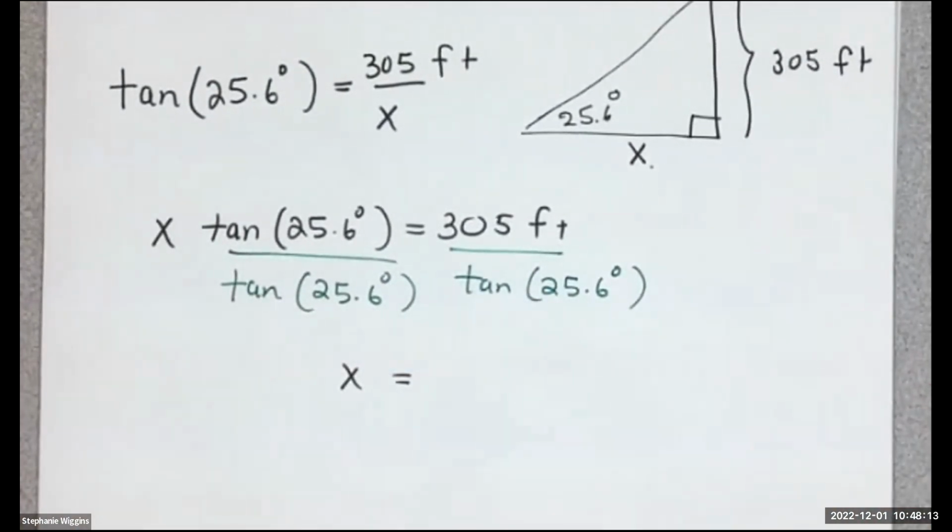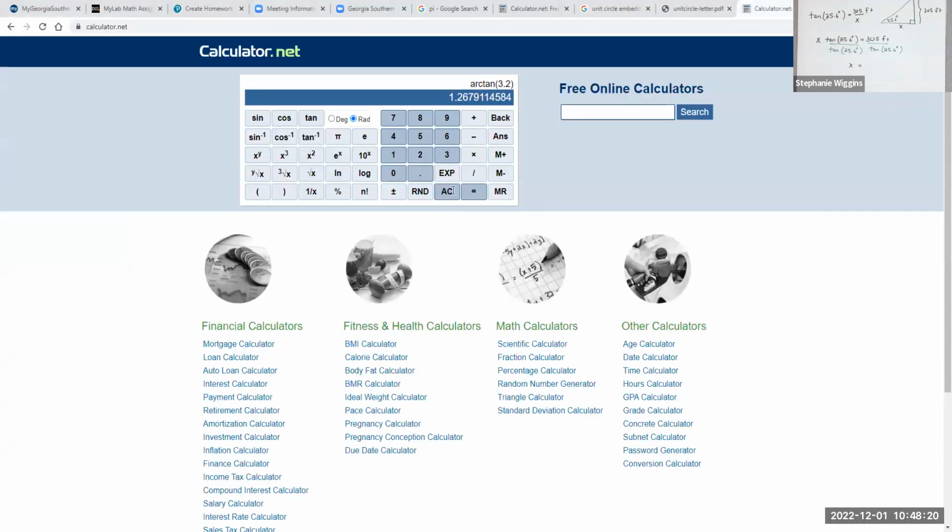You're going to use a calculator. Make sure your calculator is in degrees, as always. So we've got 305 divided by tangent of 25.6. I've got to redo that because I had it in radians. So 305 divided by tangent of 25.6.